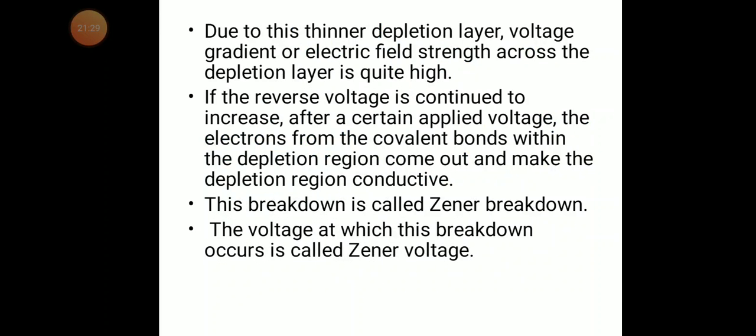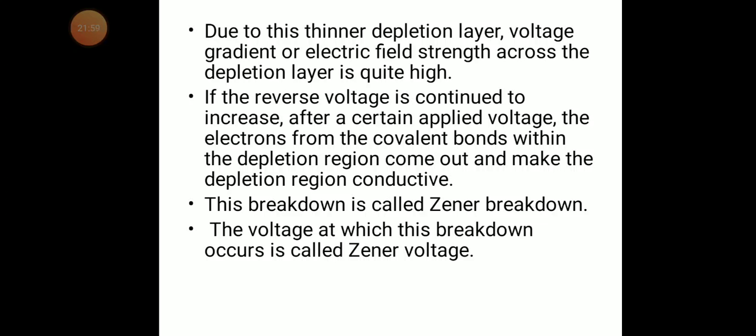Due to this thin depletion layer, the voltage gradient or electric field strength across the depletion layer is very high. Because the layer is thin, even a small amount of applied voltage appears across that particular depletion layer as a high field. So what is the meaning?